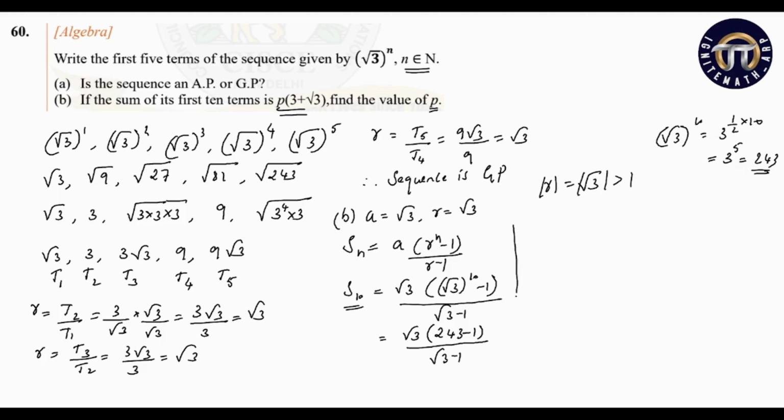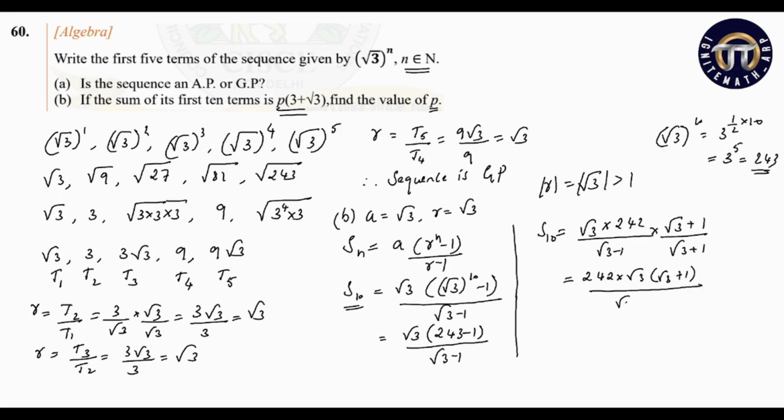So later I can write S10 is equal to root 3 into 242 divided by root 3 minus 1. I'll rationalize the denominator, root 3 plus 1 by root 3 plus 1. So later I can say that 242 into root 3 plus 1 divided by root 3 the whole square minus 1.